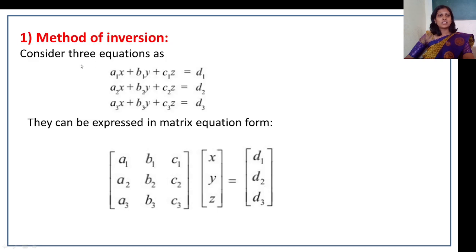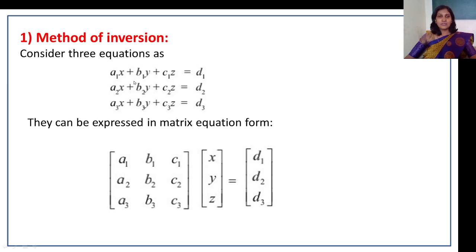In the method of inversion, consider three equations: a1x plus b1y plus c1z is equal to d1, a2x plus b2y plus c2z is equal to d2, a3x plus b3y plus c3z is equal to d3. These three equations are linear equations.